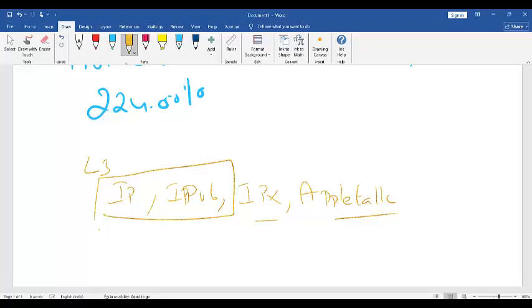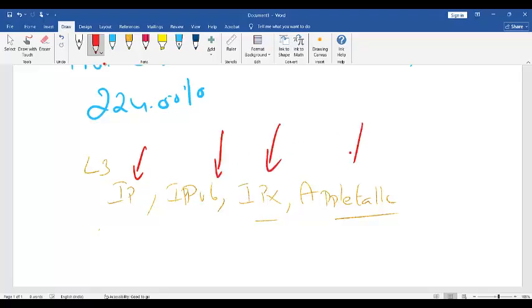Now, EIGRP has got an independent module, meaning there is one EIGRP designed for this, there's another EIGRP designed for this, there is another EIGRP. So you have an independent module.